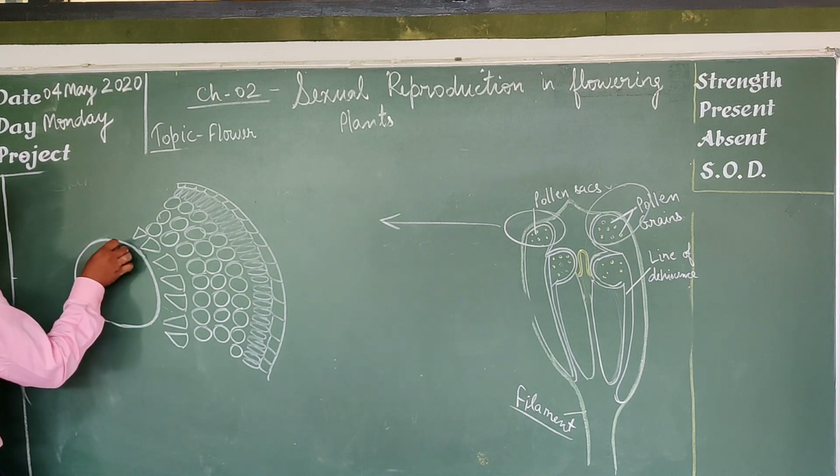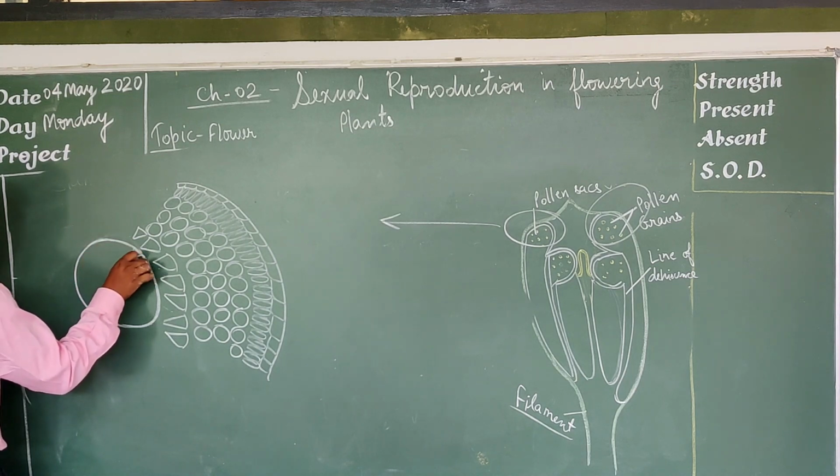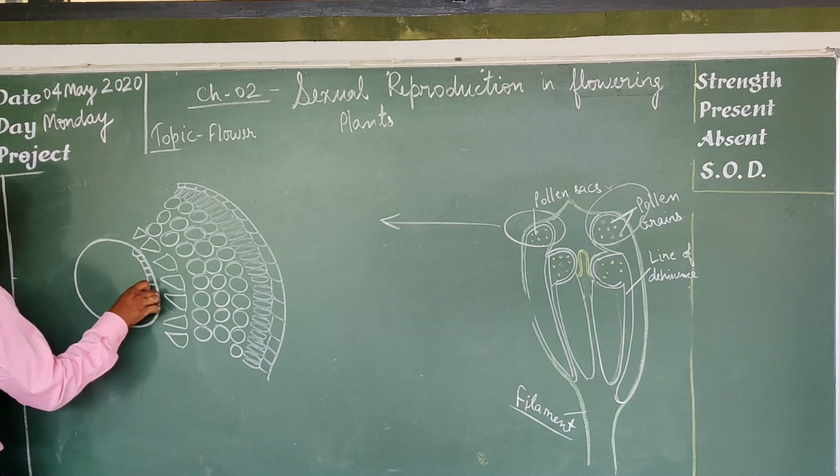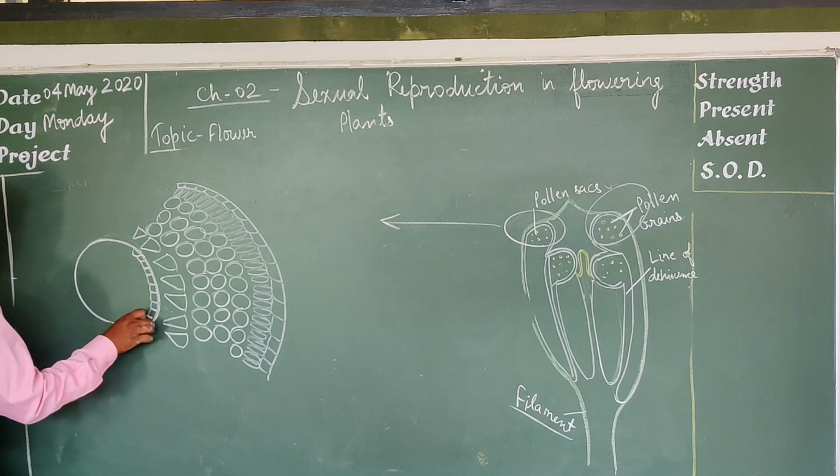It is the wall of the pollen sac, and the wall of the pollen sac is composed of archispiral cells.